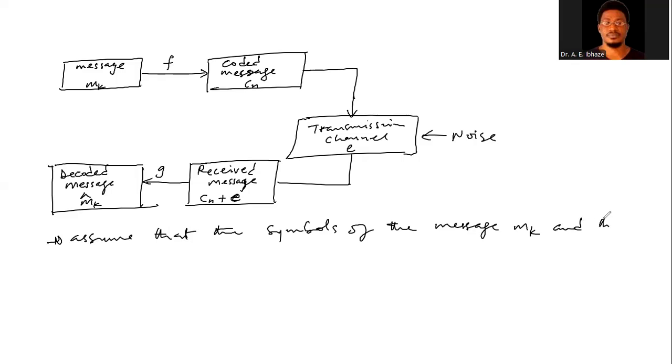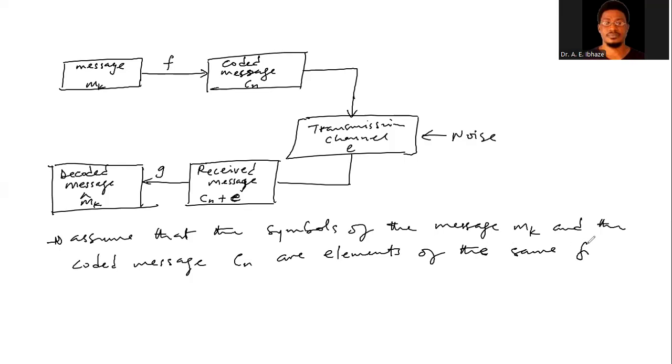and the coded message c sub n, as we have described, are all elements of the same finite field, say F sub Q. Okay?